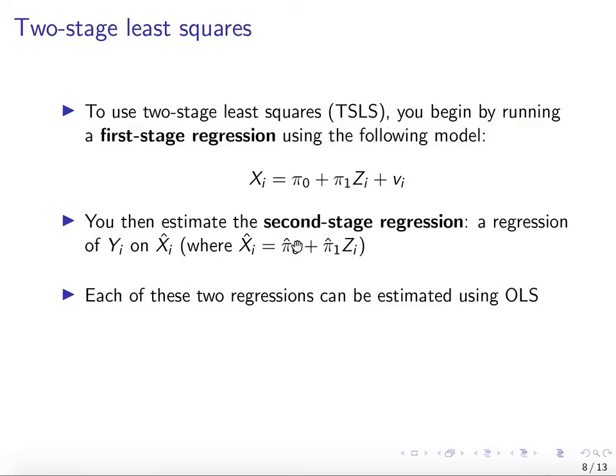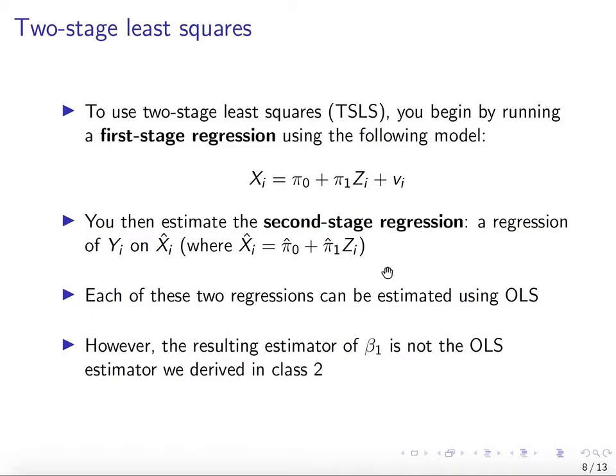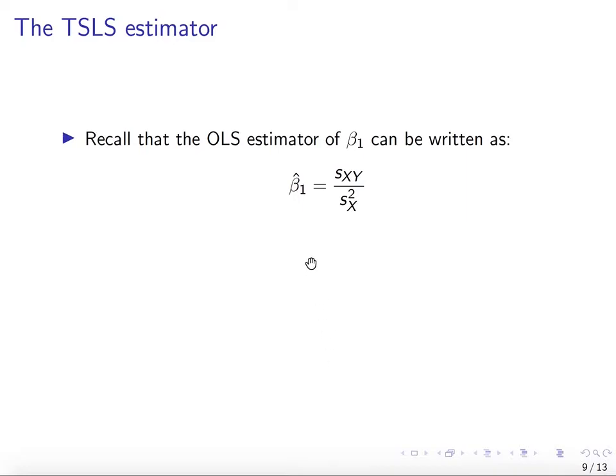Both those regressions are using the OLS model, but the resulting estimator beta 1 is not the OLS estimator we derived in class 2. So recall that beta 1 hat is the sample covariance between x and y over the sample variance of x.